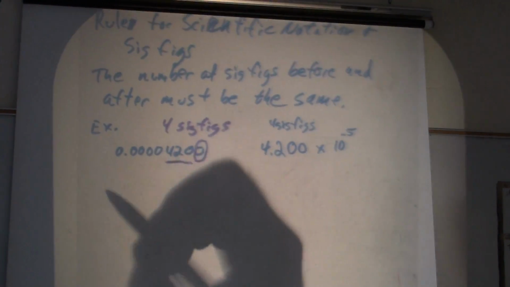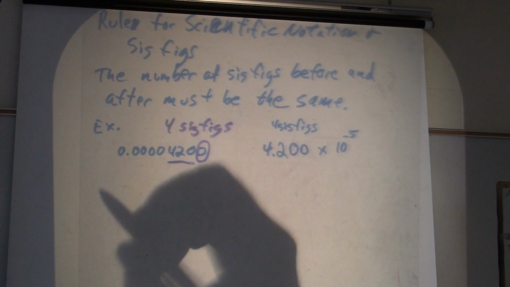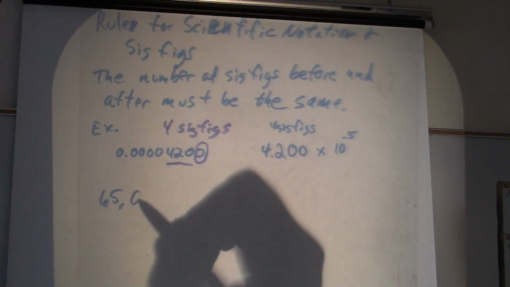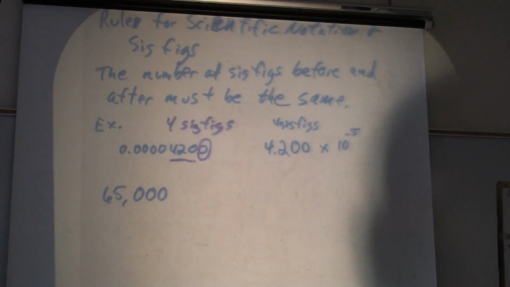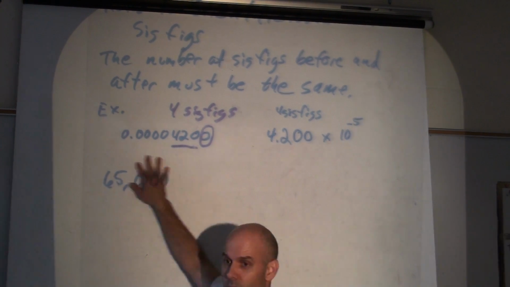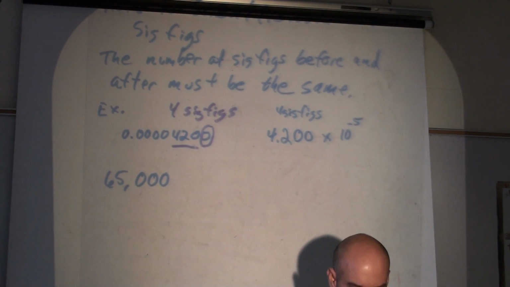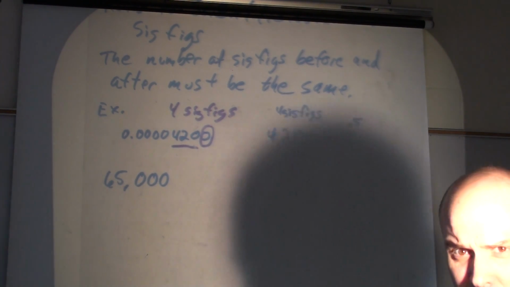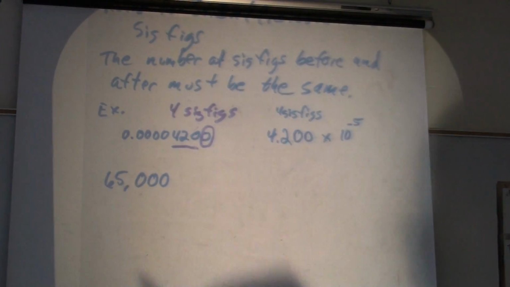Let's just do one more. 65,000. How many sig figs are in this number? 2.